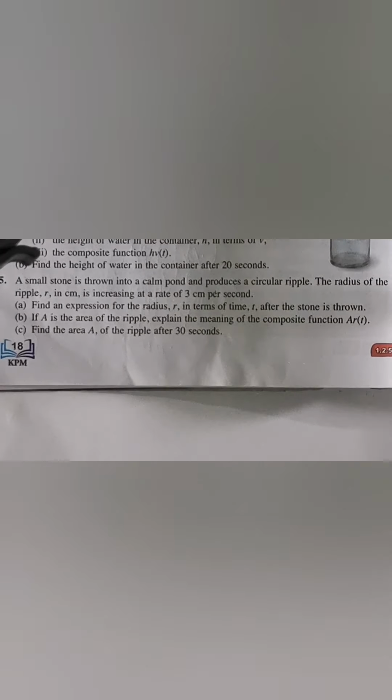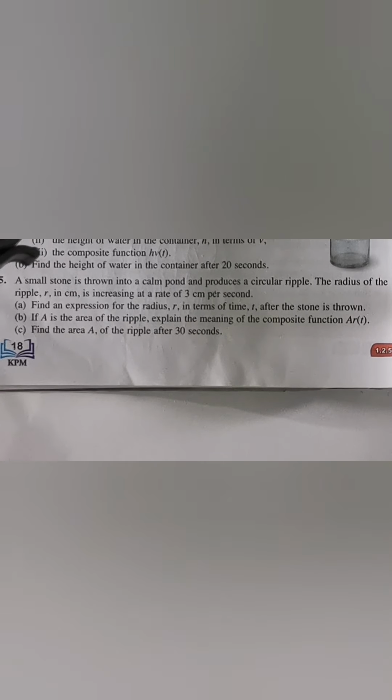Okay, number 5. A small stone is thrown into a calm pond and produces a circular ripple. The radius of the ripple r in centimeters is increasing at a rate of 3 centimeters per second. A, find the expression for the radius r in terms of time t after the stone is thrown.